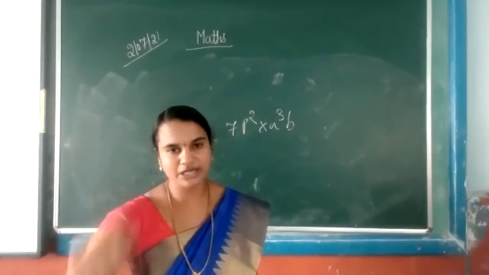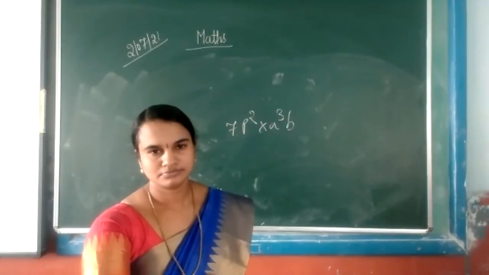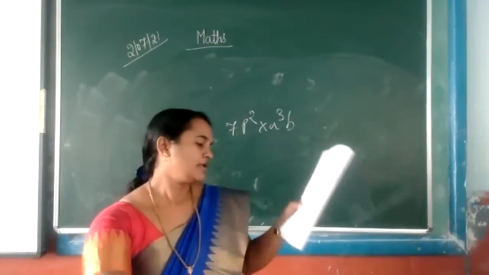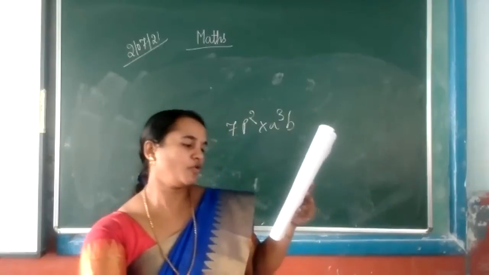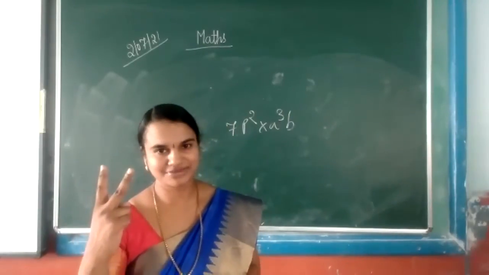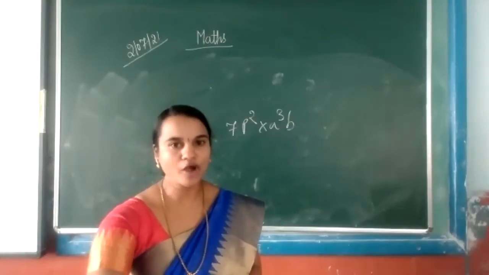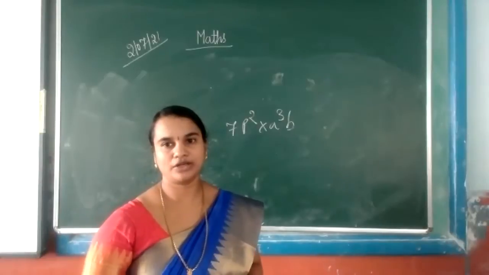Write down there monomial. Second one, 5 plus 3x cube y cube z cube. Two terms, that means binomial. Write down. Yes, Aditi, correct. Binomial.